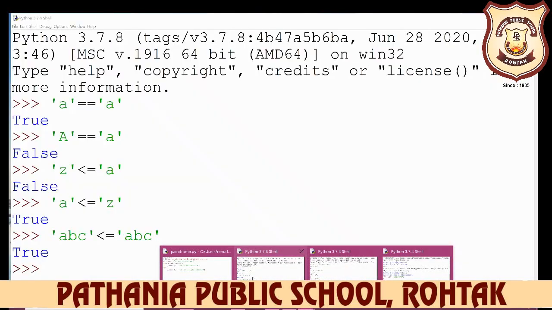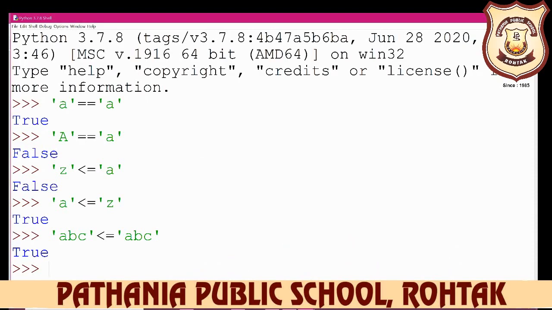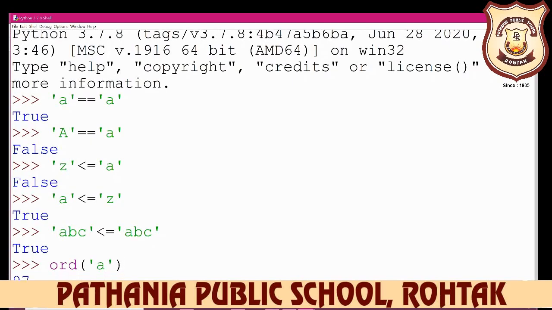Again open your Python. Here we do ORD. ORD means the ordinal value, and we want to find the ordinal value, meaning the Unicode, of small a. Then the answer is 97. Write ORD again, then write small a and close the quotes, so the answer is 97.